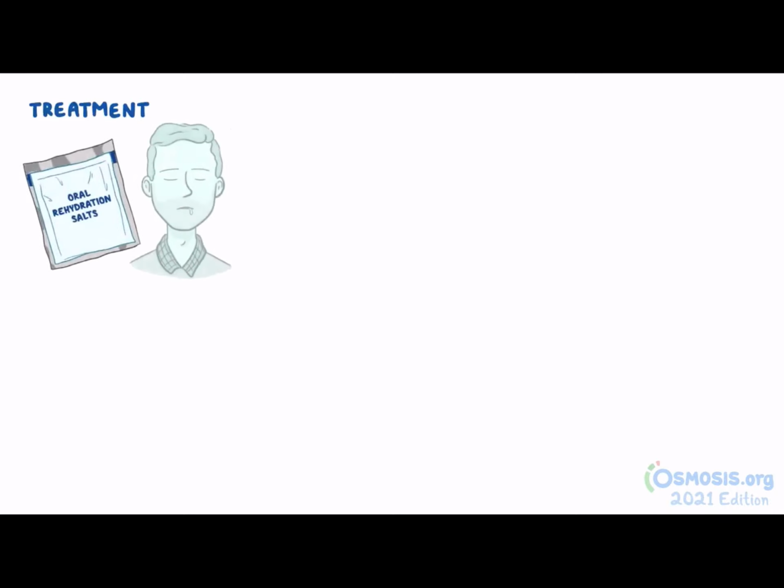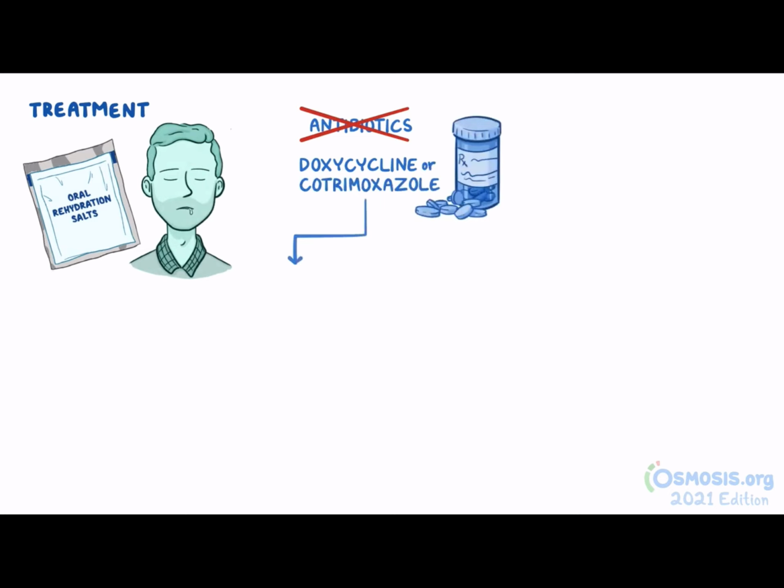Treatment for diarrhea usually consists of hydration and rest. Antibiotics are not routinely used, but doxycycline or cotrimoxazole, which is the combination of trimethoprim and sulfamethoxazole, can be given in severe cases.